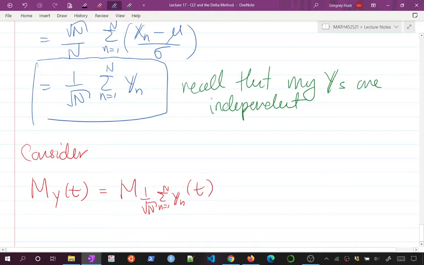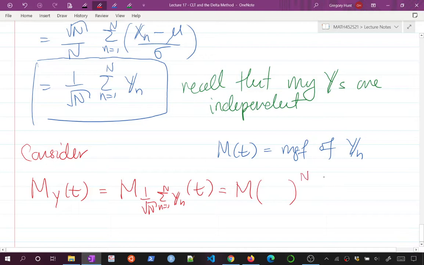And if we let M with no subscript be the MGF of any of my y_n's, they're all identically distributed, so they're all the same MGFs, then we have a theorem that says the MGF of a sum of independent things is basically just the MGF of those things to the nth power. And if I scale something, I bring that scaling into my moment generating function.